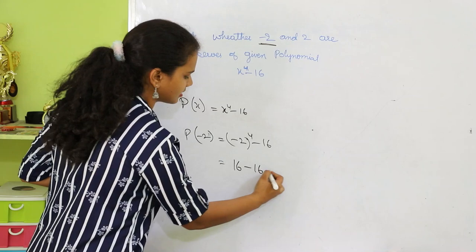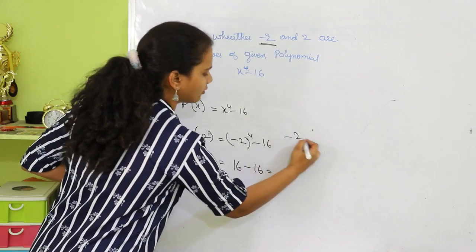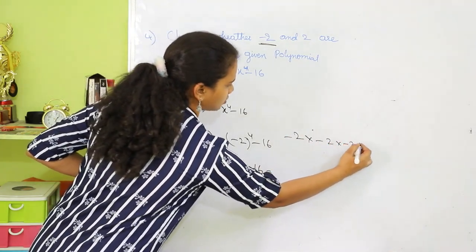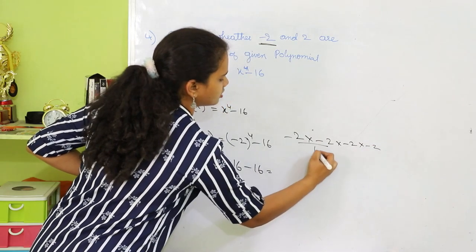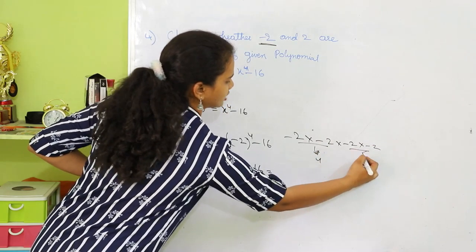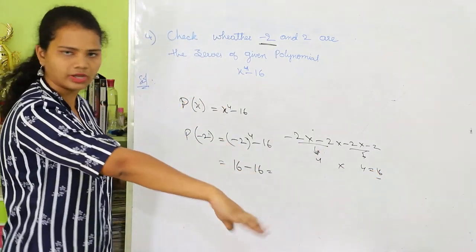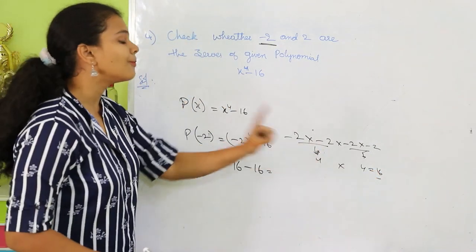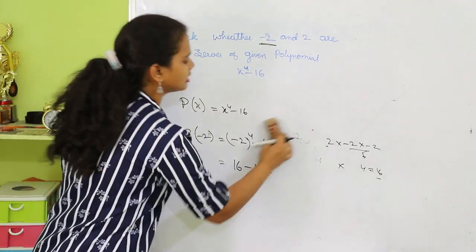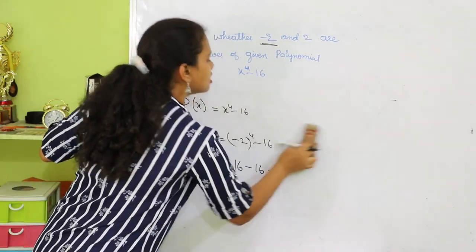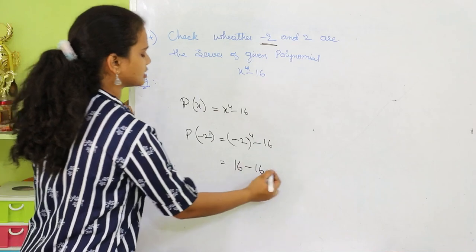If you do it like this, guys, minus 2 into minus 2 is 4, again minus 2 into 4 and so on, it is also correct like this. But here the value is plus 16, not minus 16, guys. So here plus 16 minus 16 equals 0.